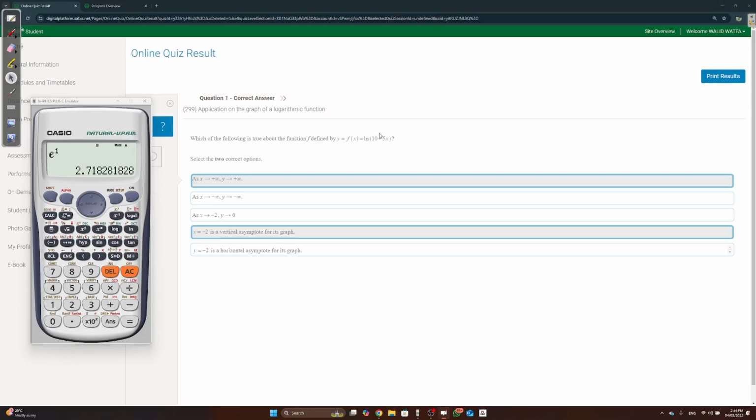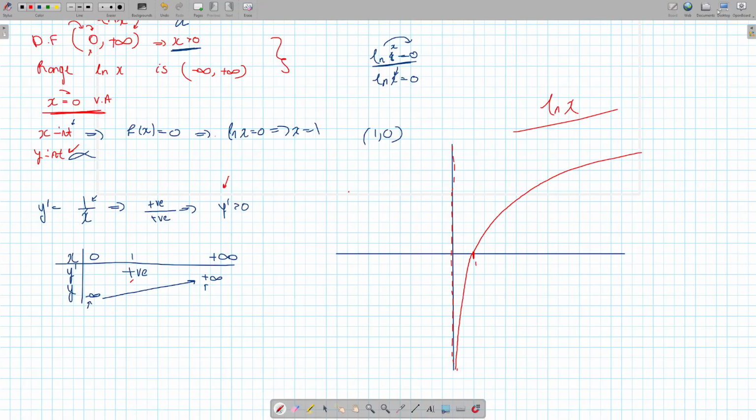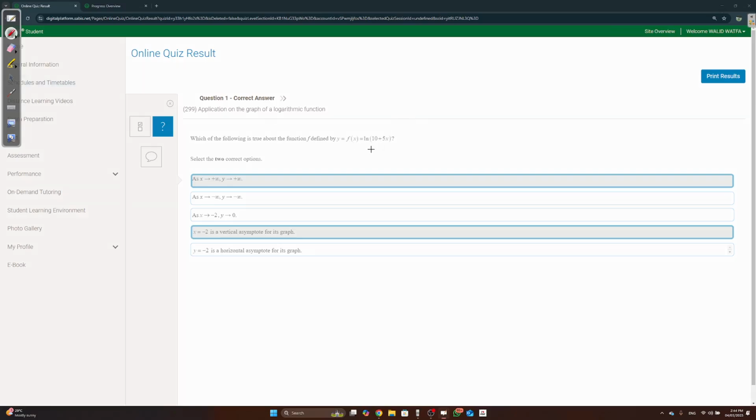What do we have here? ln(10 + 5x). There's a few ways you can solve this question. One way some people might solve it is using transformations. The first thing they do is multiply x by 5. So that means your graph is all being divided by 5.